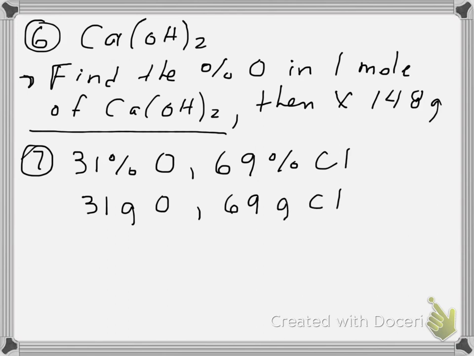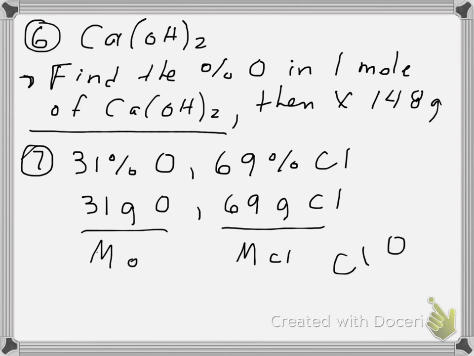Alright, and you divide these out by the molar mass of each one. So molar mass oxygen, molar mass chlorine, and by the way, we want to start with Cl first actually, and O, but you'll get some number here for the chlorine of moles.